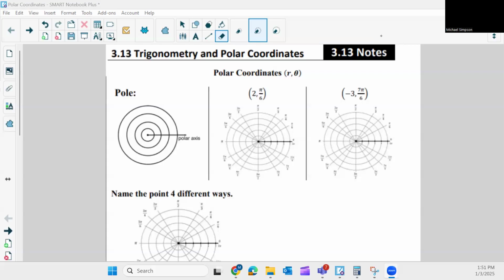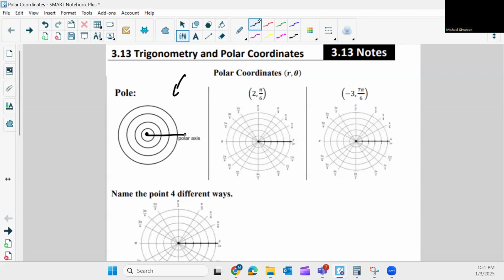Here is a polar graph. This is the center, but it's called the pole. This is called the polar axis. It's like your x-axis. Each circle represents the distance, or the radius, from the center.